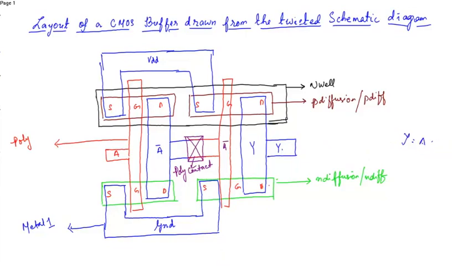Now, after drawing the layout, you have to place the contacts. Here there is a connection between the P diffusion layer and the metal layer, so we have to place a P diffusion contact.